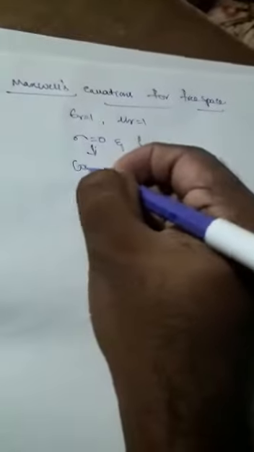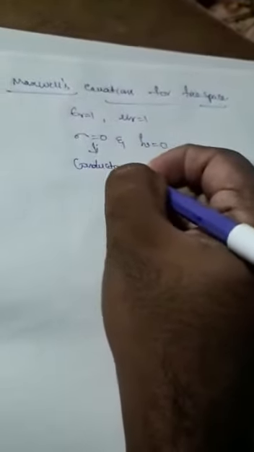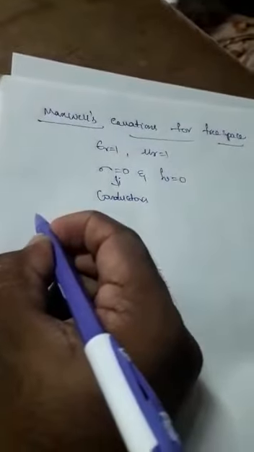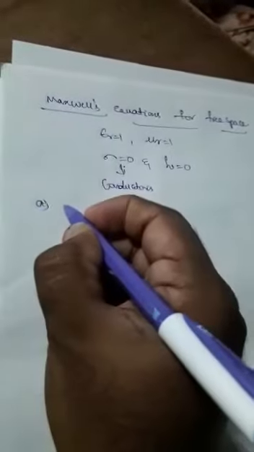So for this, now we will give the Maxwell's equations for free space. Here conductivity is 0 means for only conductors, not for dielectrics. So see here, first, Maxwell's equations for free space in point form or differential form.